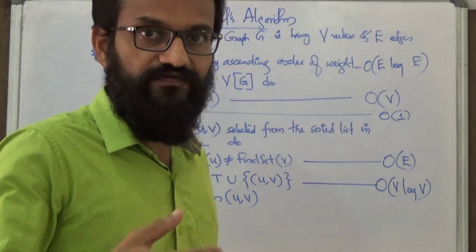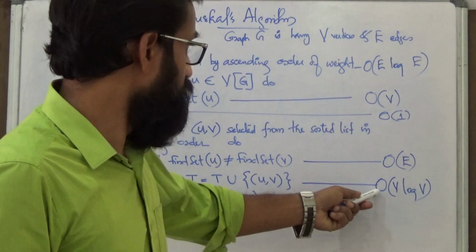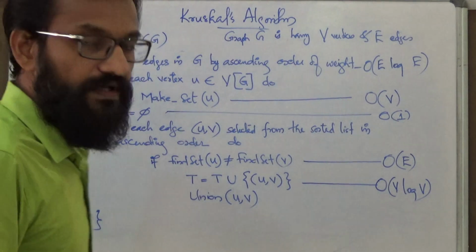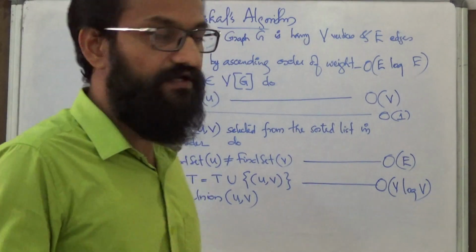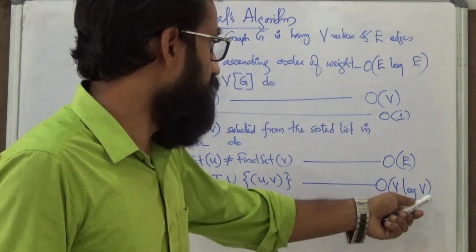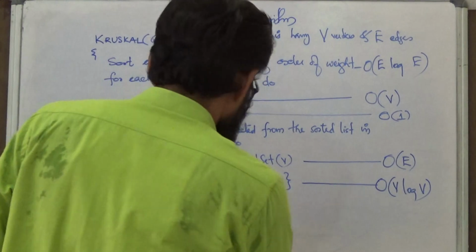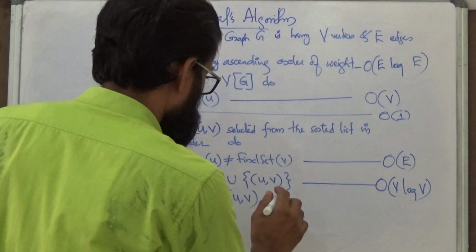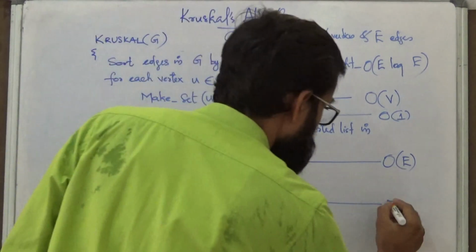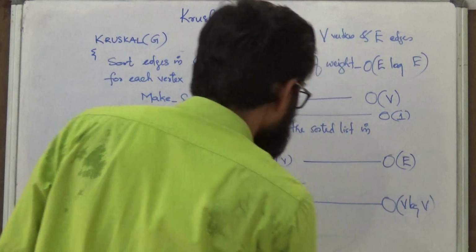So you can refer to the Cormen textbook and go through the analysis of union operation in the disjoint set data structure using weighted union heuristics. You will find that total cost for union will be order of V log V for V singleton sets of V items.